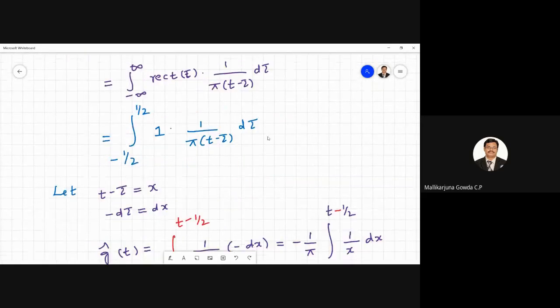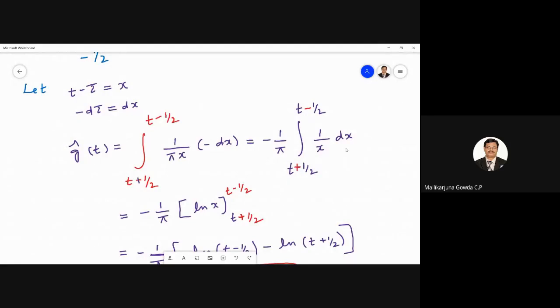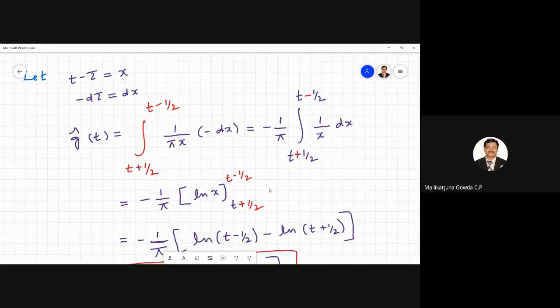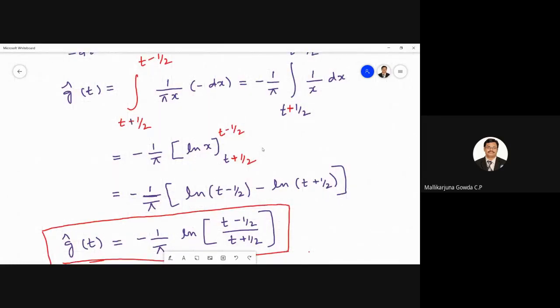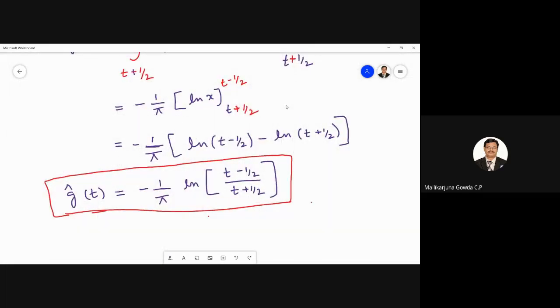Then I made a simplification by letting t minus tau equal to x, so d tau will be equal to dx, which brings it to a form easy to integrate. So 1 by x into dx, we all know it is ln x. Then I substituted the upper and lower limits and simplified, written in a simple form. Is this fine? Shall we take up another example?